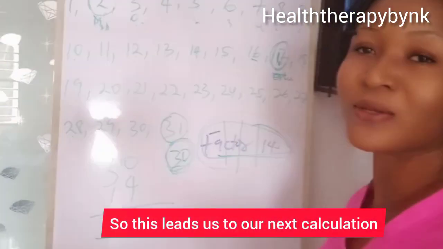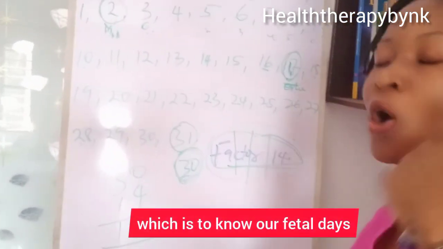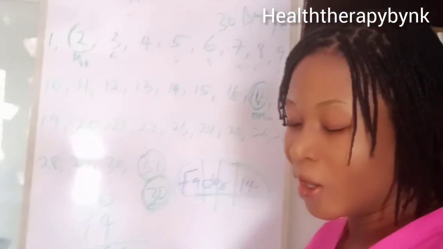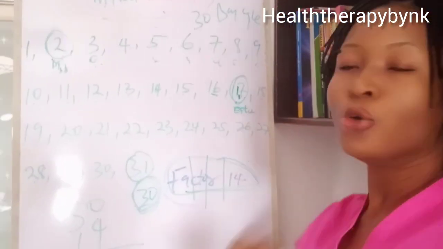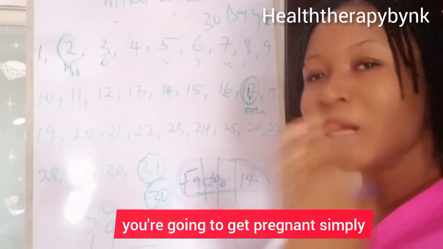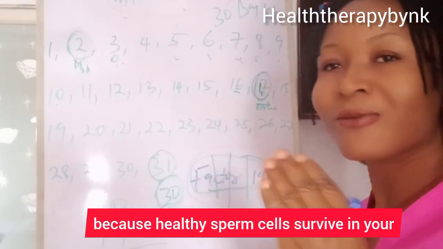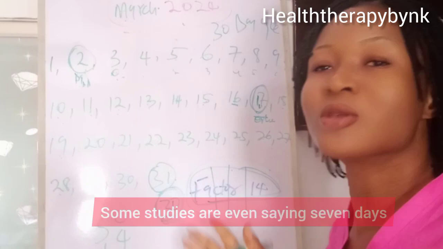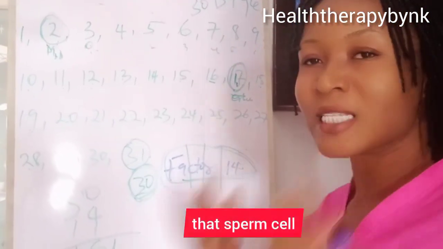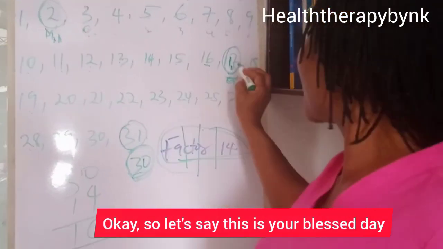All right, so this leads us to our next calculation, which is to know our fertile days. Your fertile days simply mean the days that if you have unprotected intimacy, you're going to get pregnant, simply because healthy sperm cells survive in your fallopian tube for at least 5 days. Some studies are even saying 7 days, depending on the vitality of the sperm cell. So let's say this is your ovulation day.